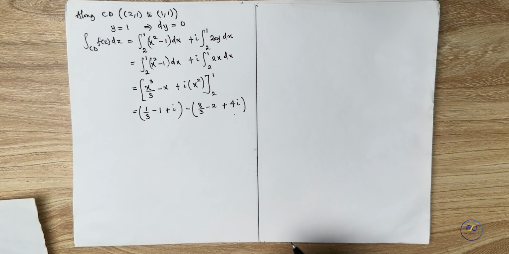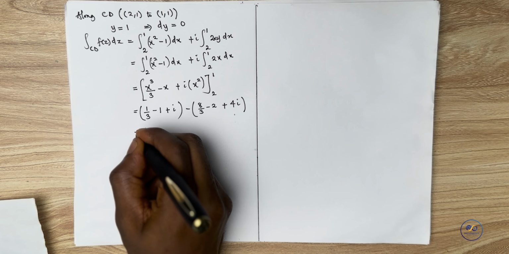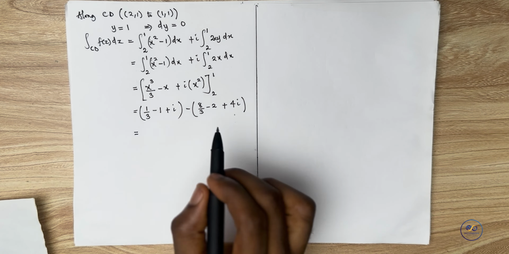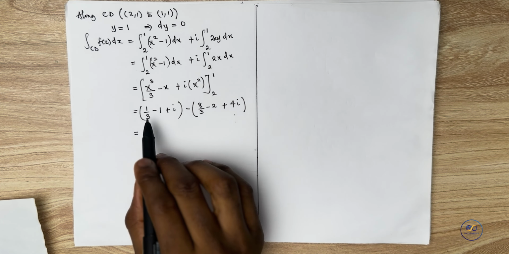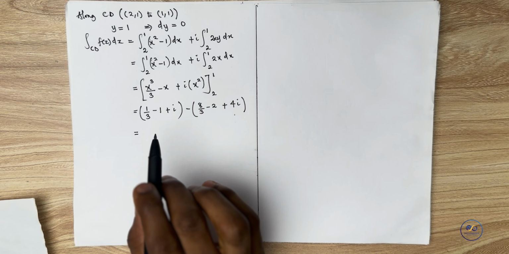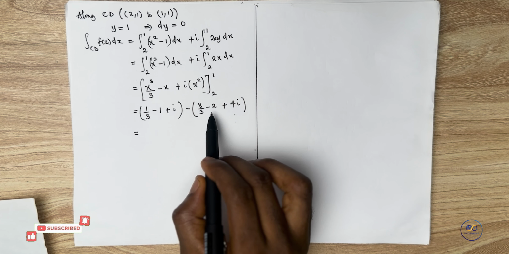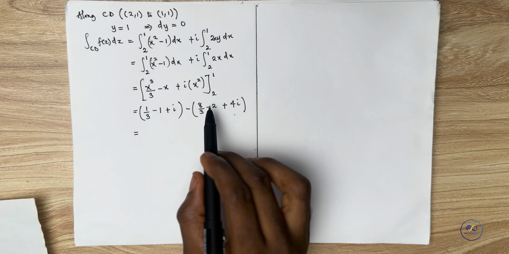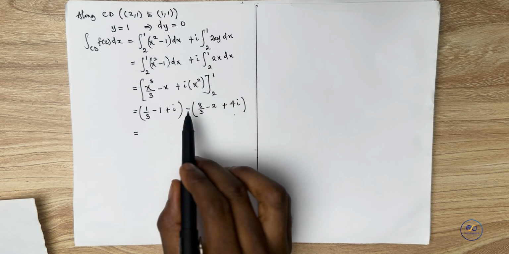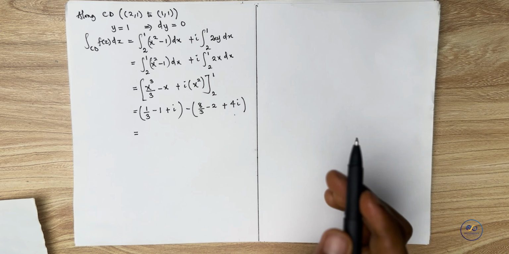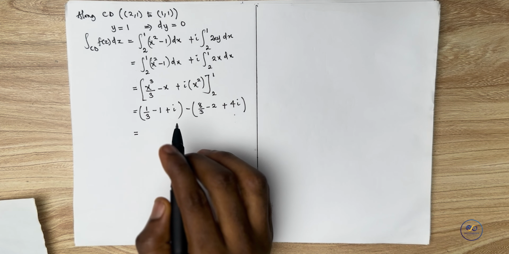Now, if we have this, we put it all together. The i part is easily handled. The real part gives us a bit of an issue. 1 over 3 minus 1 gives us minus 2 over 3. 8 over 3 minus 2, on the other hand, would give us 2 over 3. Right? So minus times 2 over 3 gives us minus 2 over 3, and you already have minus 2 over 3 here.